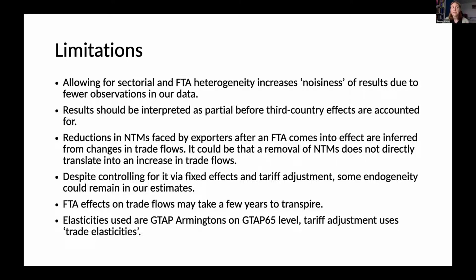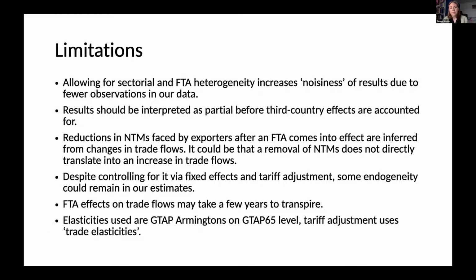What this means is that the EU-Korea FTA is unlikely to just affect EU-Korea. It's most likely to have an effect on large trading partners such as the US or, for example, Germany. So there will be some knock-on impact as a result of the FTA, but we are not capturing that in our model.